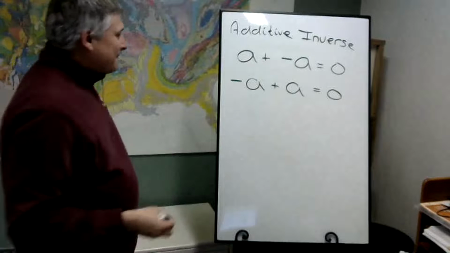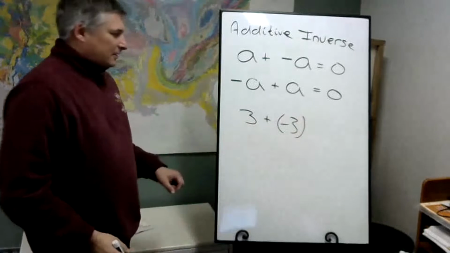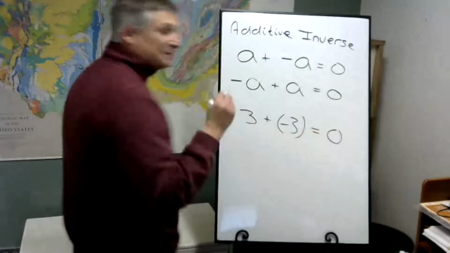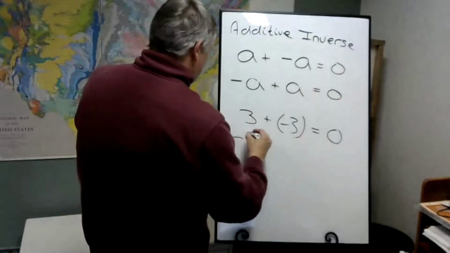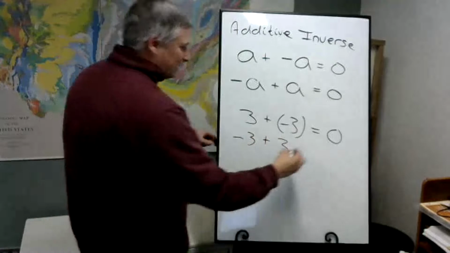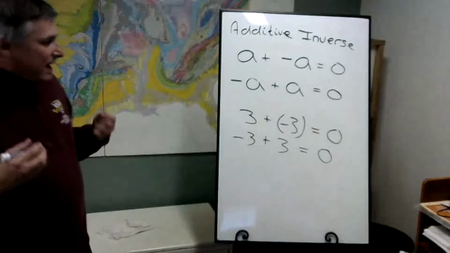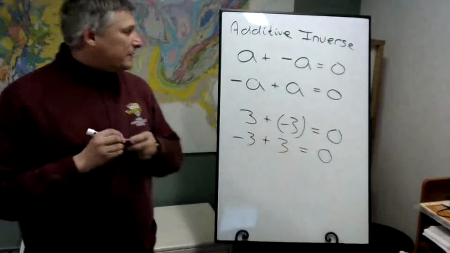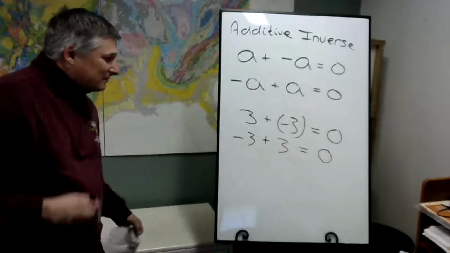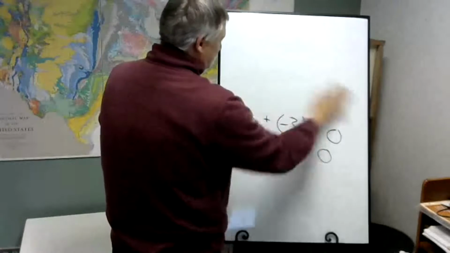Let me do some examples here. 3 plus negative 3. You find $3 and then you spend $3. How much is left in your pocket? 0. Or you're short $3, you owe someone $3, and then you find $3, so you can pay him back, and instead of being in debt $3, you're brought back up to 0. But when you add something to its opposite, you get 0. And when we talk about cancellation in algebra, this is a key thing. All right. So that's additive.